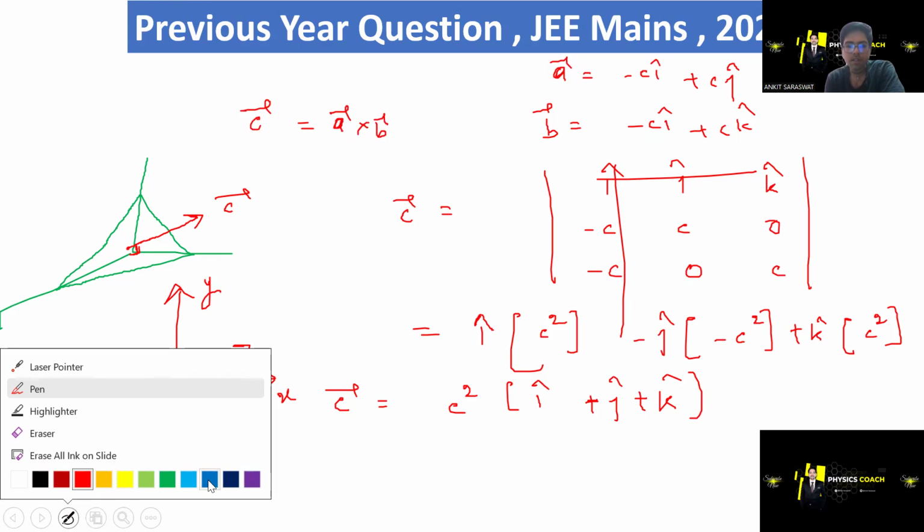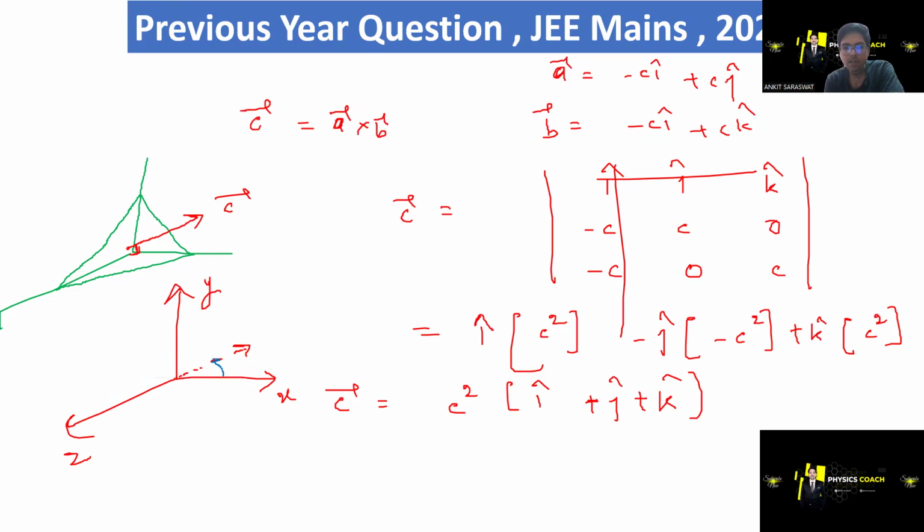This vector is making alpha angle with the x-axis, beta angle with the y-axis, and gamma angle with the z-axis. But actually they want the angle made by this vector with the x-axis.